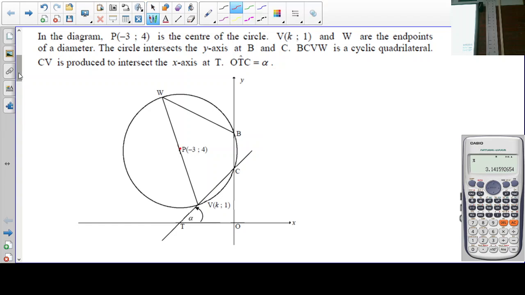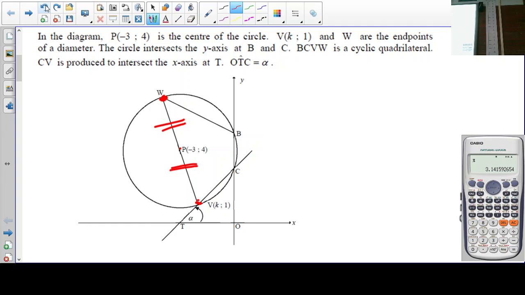V, which is (k, 1), lying there, and W are the end points of the diameter. So they're equal. We can use the distance and midpoint theorem to calculate the coordinates of W once k is solved.